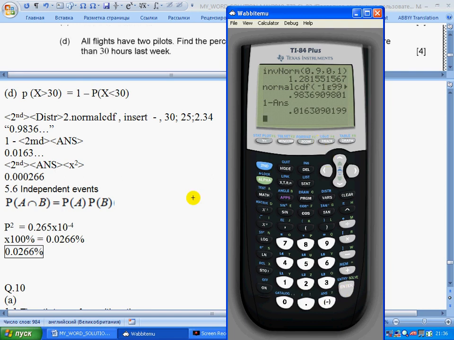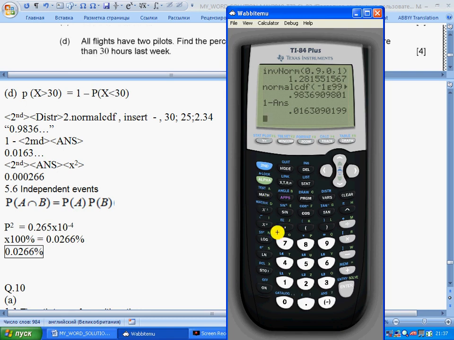Because we have independent events, the probability of these two events, that the two pilots flew more than 30, is the square of the probability that we got. So we are going to find the square of this probability.